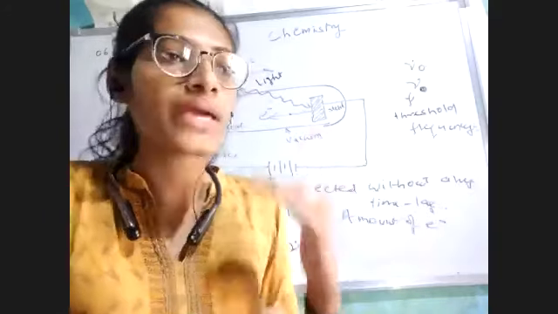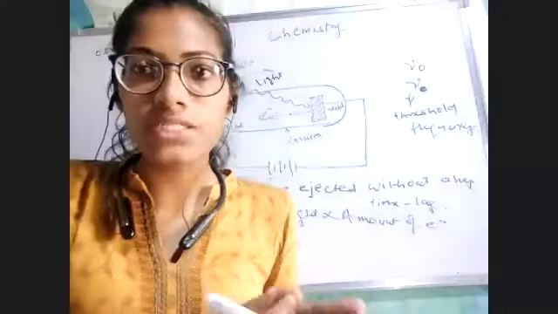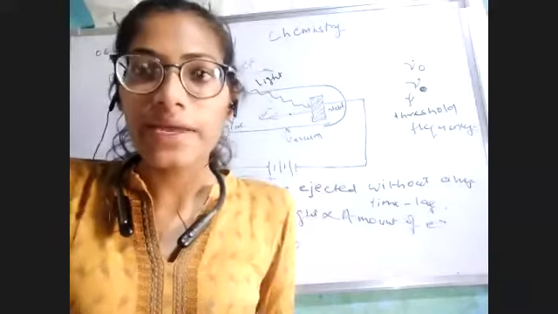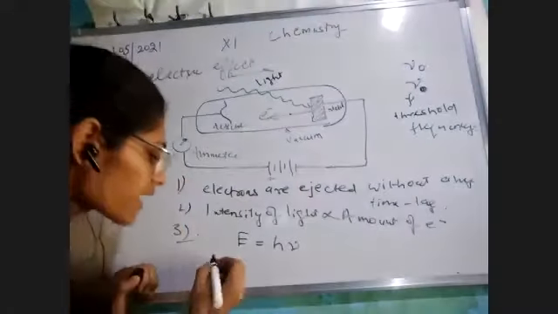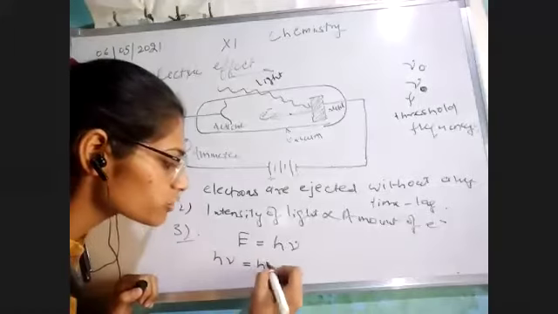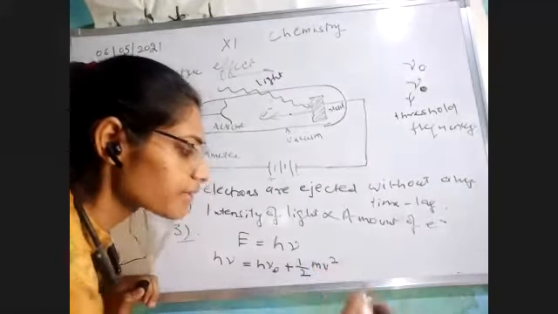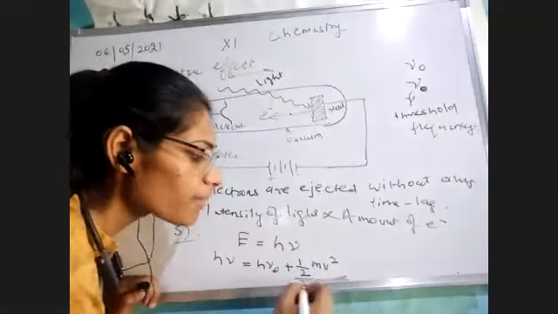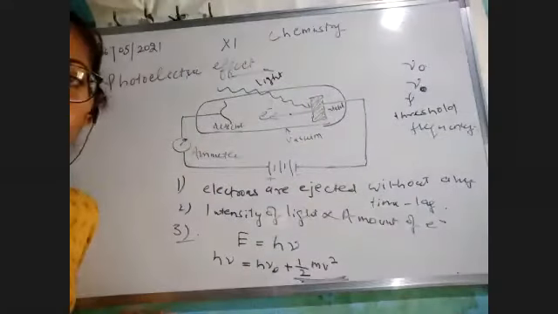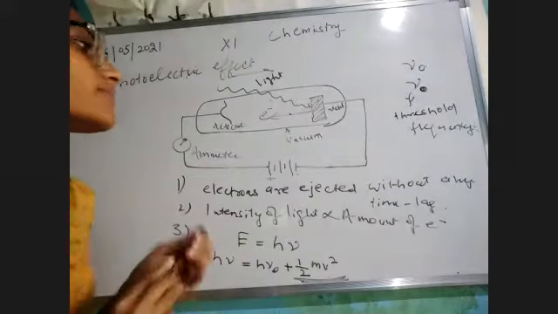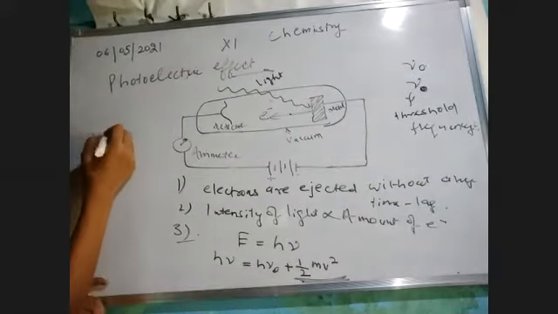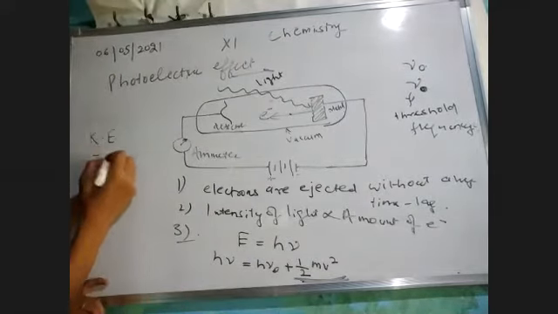So he merged all three concepts and gave us a numerical formula, that is h nu equals h nu naught plus half mv square. I think we know the concept of half mv square. What is this? This is kinetic energy. You have heard about this in your physics class since 9th class.